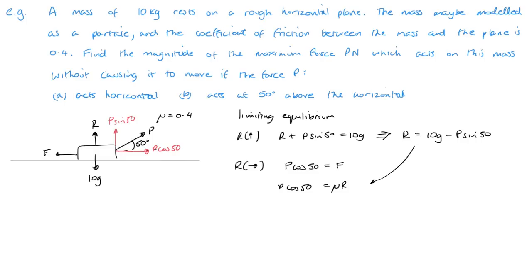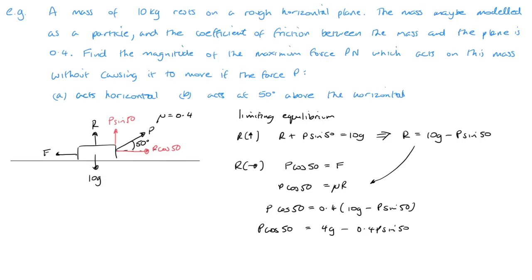And that will eliminate my R's and just leave an equation in terms of P. Okay, so P cos 50 equals 4G minus 0.4 P sine 50.